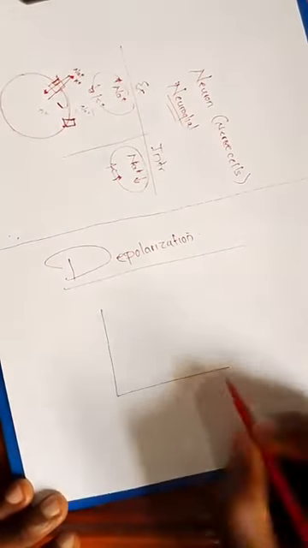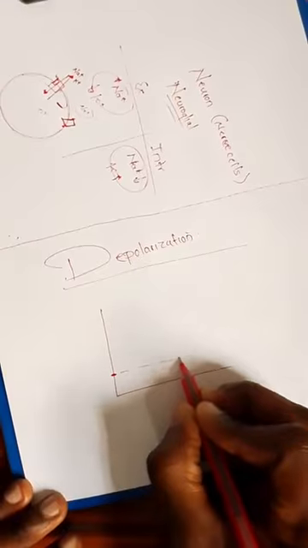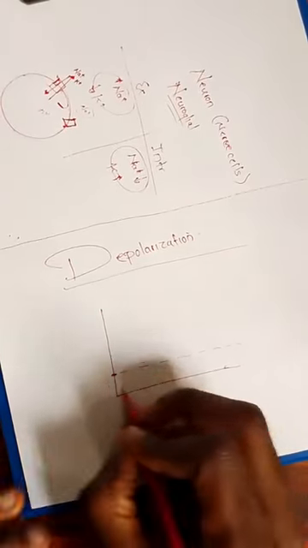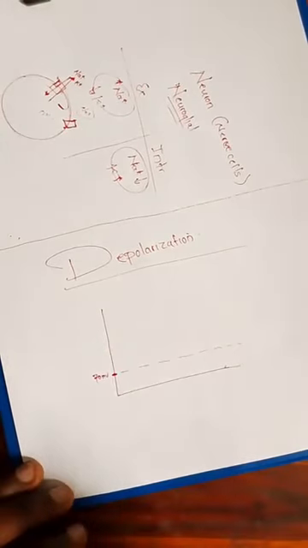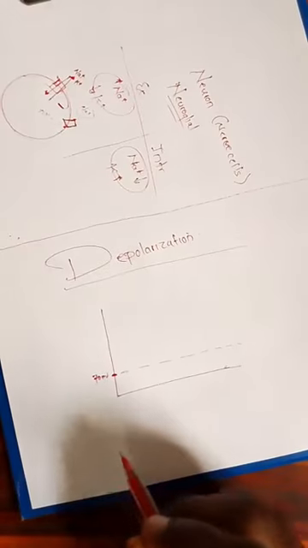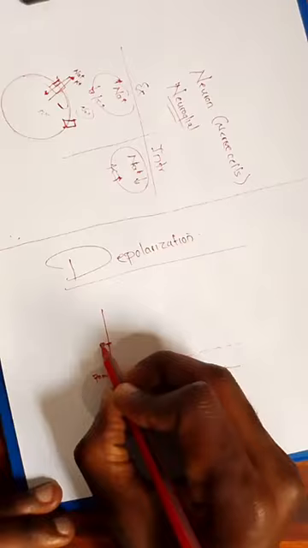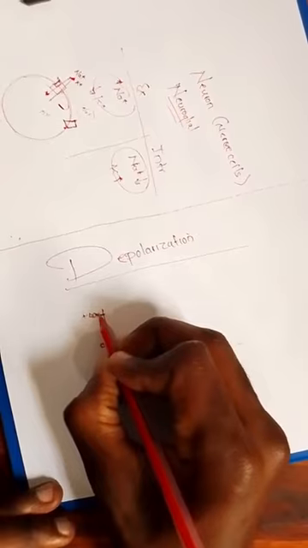When we say decrease, let's say we have a graph showing the normal resting membrane potential of a cell, meaning that when a cell is at rest, its resting membrane potential is negative 70 millivolts. We take this to be our 0, and this to be maybe our positive 40.